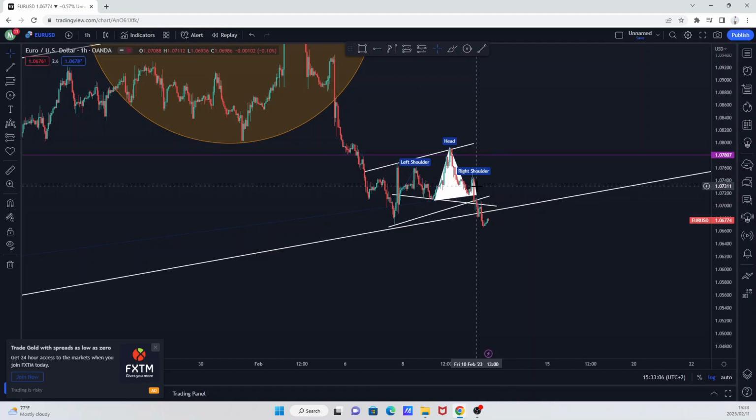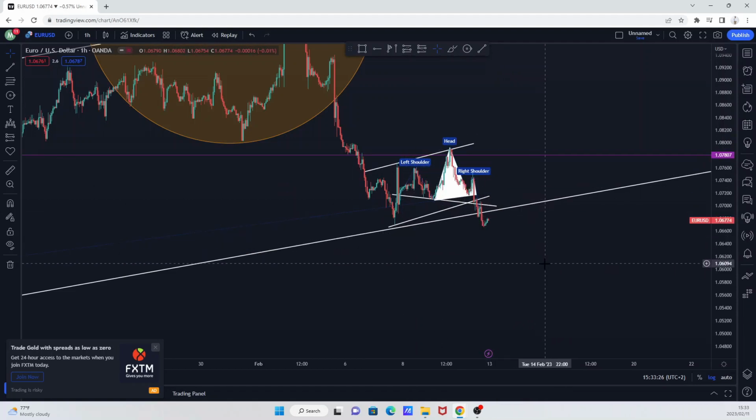So we have a flag signifying a movement towards the downside, or a continuation to the downside. Then we also have the head and shoulders, and we also have this daily key level being tested, and we're seeing momentum to the downside.